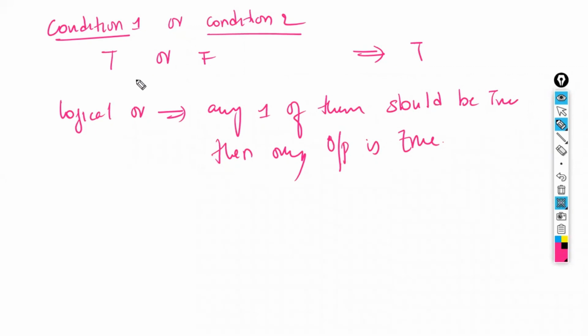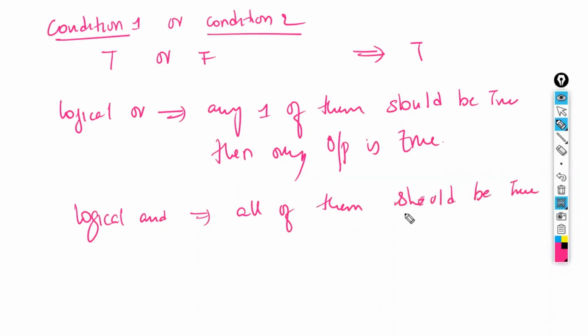Whereas with logical AND, all of them should be true. Then only your output is true. Otherwise, it is going to be false. That is with respect to logical operators.